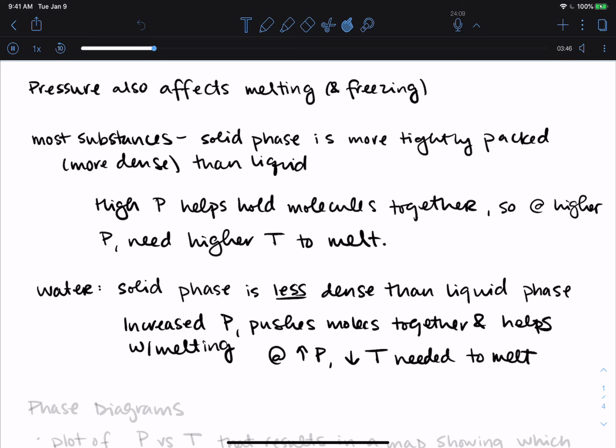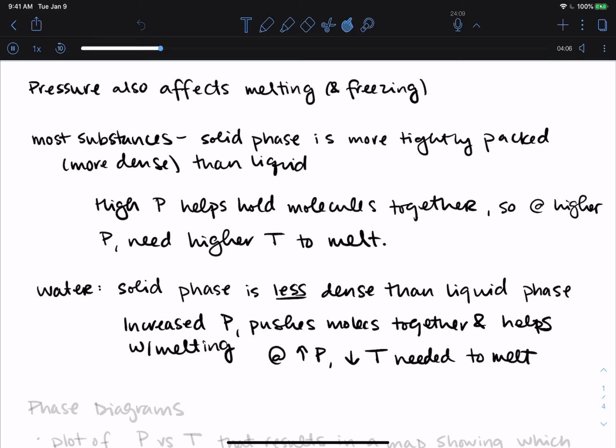All right. So this is a lot of information. It's not really something that I want you to memorize, because we have this really great thing called a phase diagram that's just a picture that tells you all of this information.